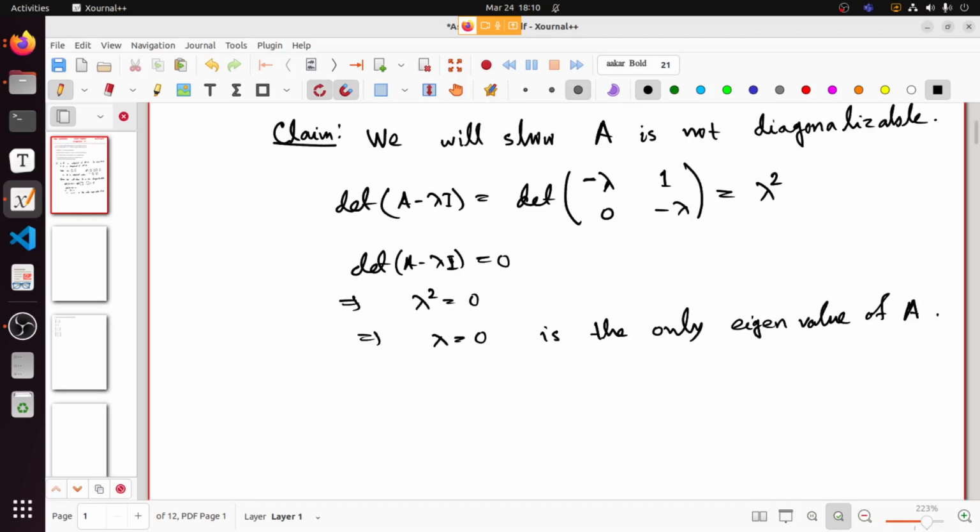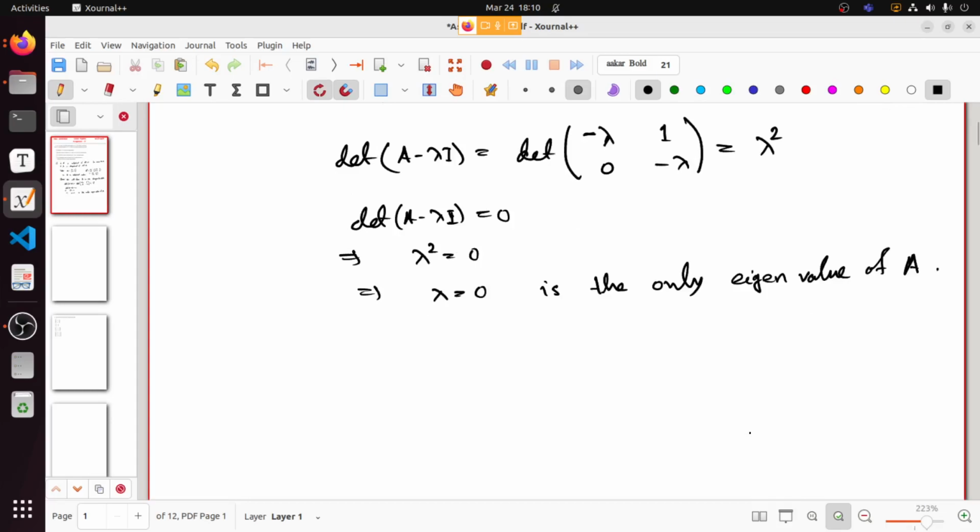Now let's check the corresponding eigenspace of 0, E0. So we have to find the eigenspace. Let v be an eigenvector corresponding to the eigenvalue 0.